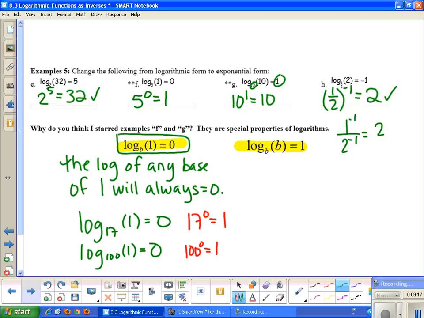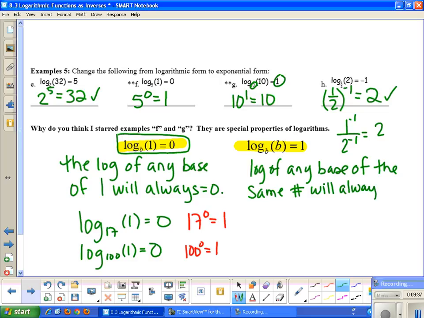The next one says log base B of B is equal to 1. So the log of any base of the same number will always equal 1. For example, if I have the log base 5 of the number 5, that would be equal to 1.